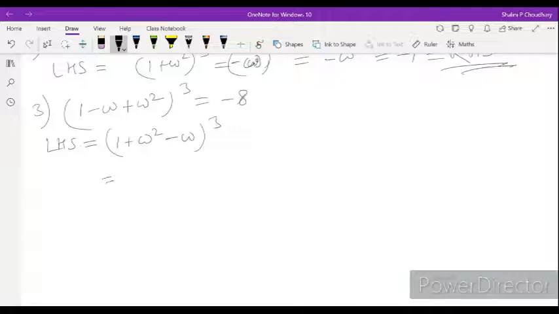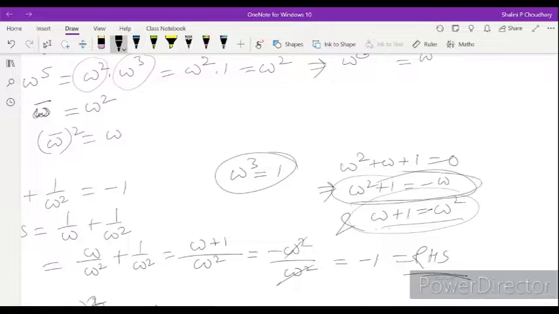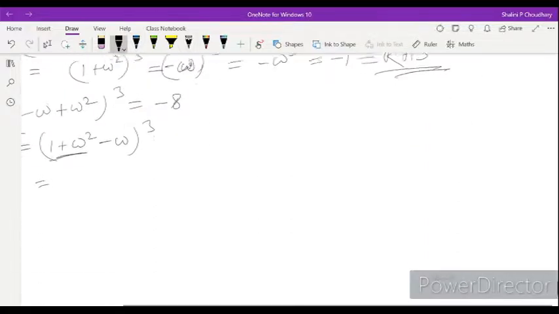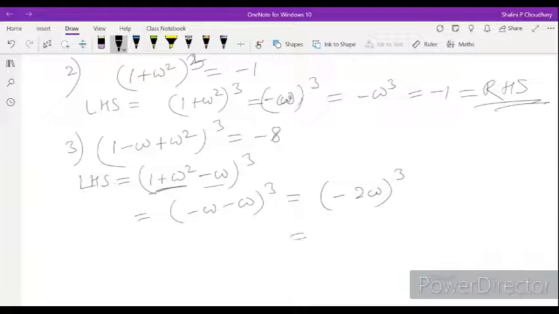As we know, the value of 1 plus omega square is minus omega. So this will be equal to (minus omega minus omega) to the power 3, so it will be (minus 2 omega) to the power 3. Minus 2 whole cube will be -8, and omega cube is omega cube. As we know that omega cube is equal to 1, we write -8 into 1, which is equal to -8, and that is RHS. Hence proved.